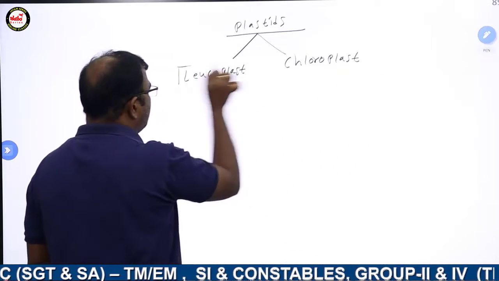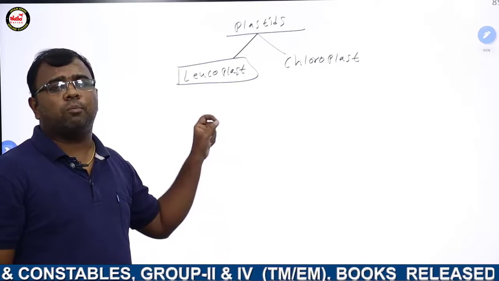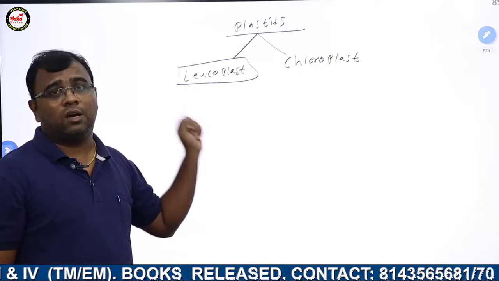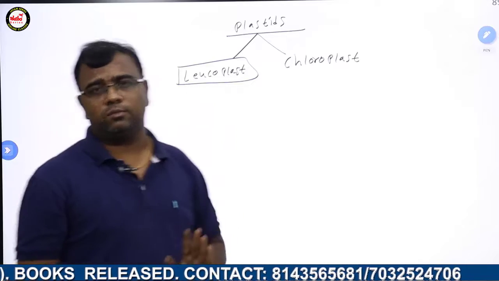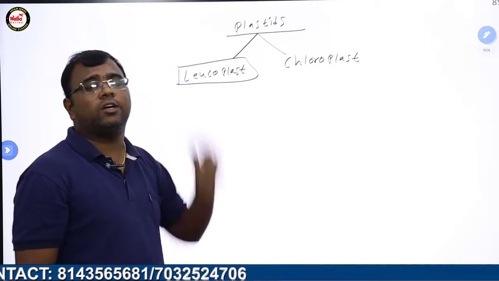I am first explaining about the leucoplast. The leucoplasts are present in the light absent parts of plants.